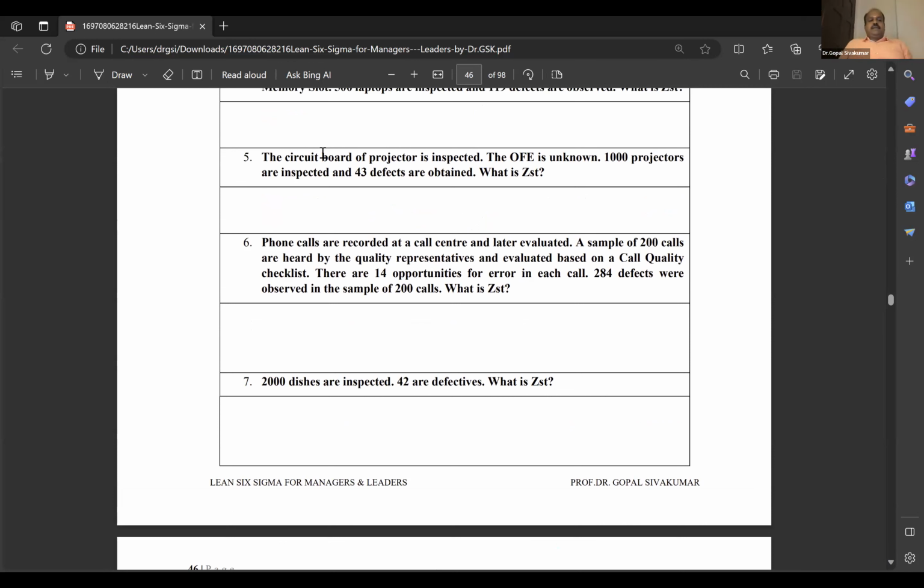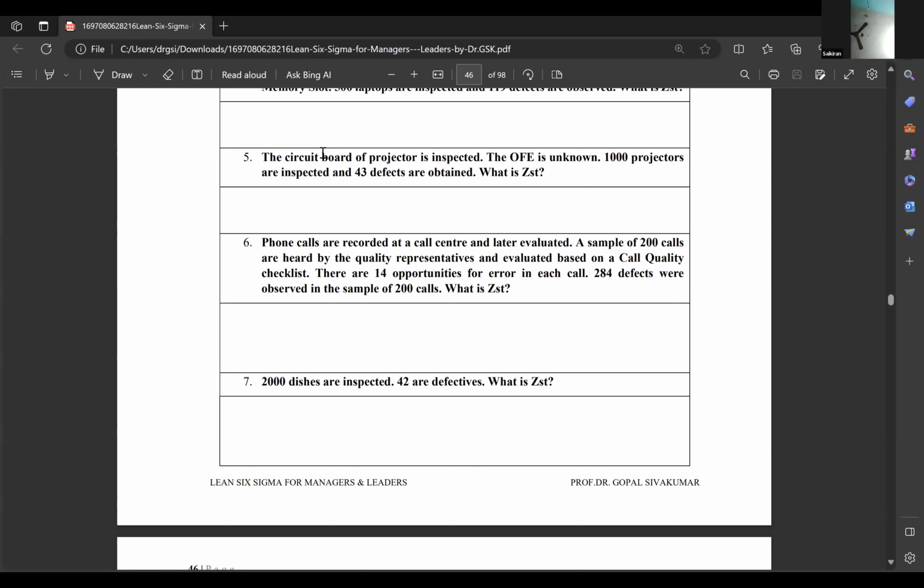Imagine, let's say in our training program, there are 30 participants. Imagine 30 participants are writing an exam, and each question paper contains 50 questions. Each of you got a question paper in which there are 50 questions.